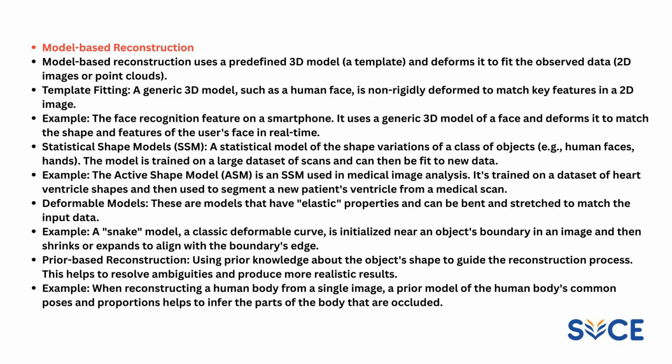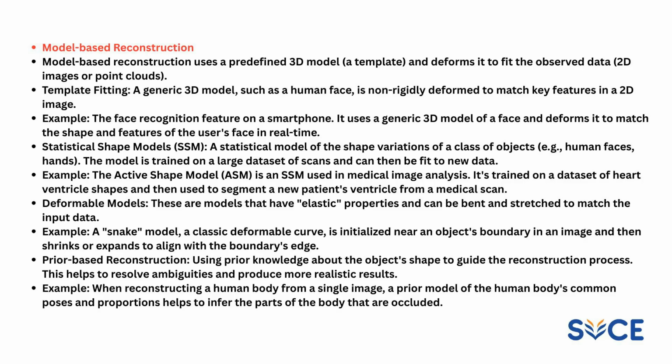Next, we will speak about model-based reconstruction. When reconstructing 3D shapes from 2D data, sometimes the information we get is incomplete or noisy. Instead of starting from scratch, a powerful approach is to use model-based reconstruction.